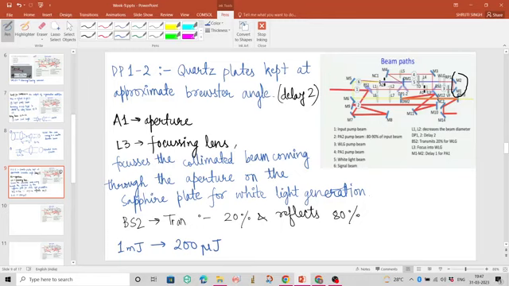Now from here again 80% got reflected and 20% is transmitted. So the 20% which is transmitted will be 40 microjoules. So we have very little energy transmitted here, and even after that we have VF, which is a variable filter. VF is the variable filter.